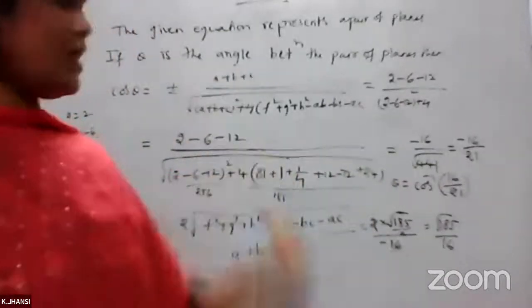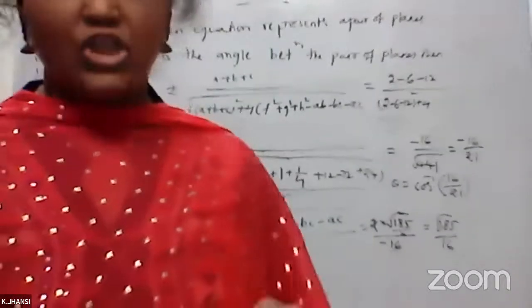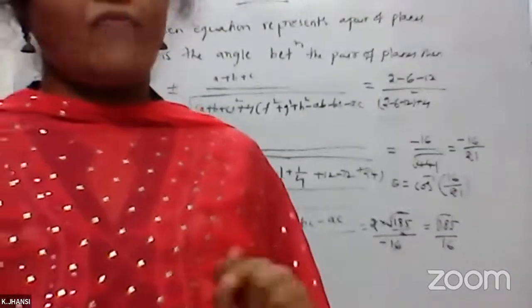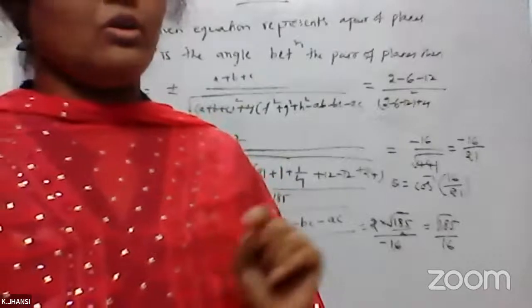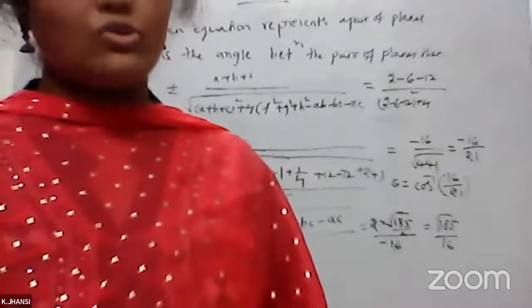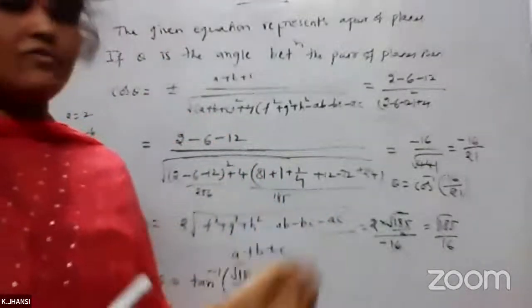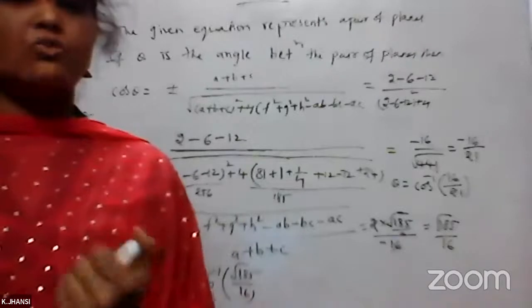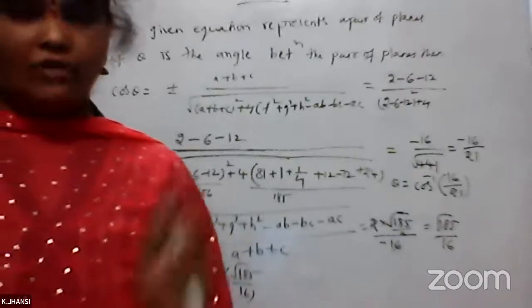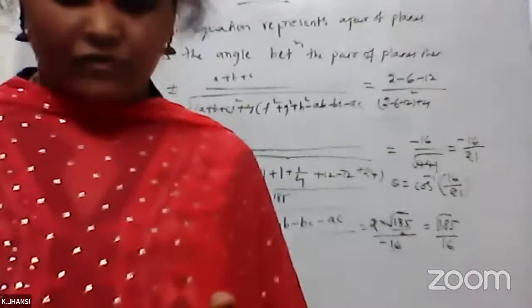This formula, whatever ABC plus FGH, that is ax square plus by square plus cz square plus 2fyz plus 2gxz plus 2hxy equals to 0, and h square is greater than or equals to ab, f square is greater than or equals to bc, g square is greater than or equals to ac. Whatever the procedure is there, that is only the necessary and sufficient condition.